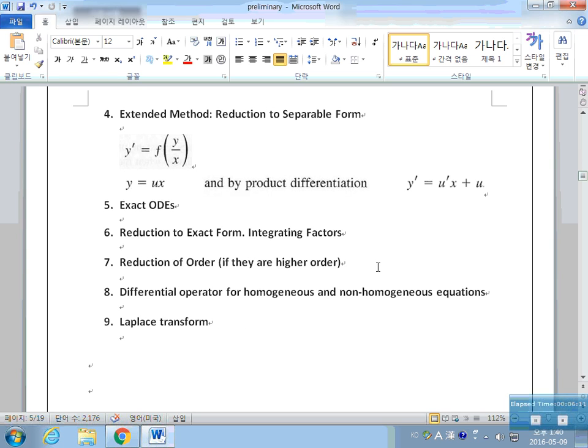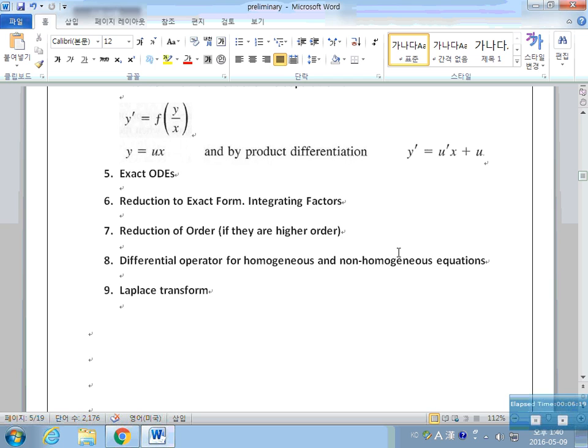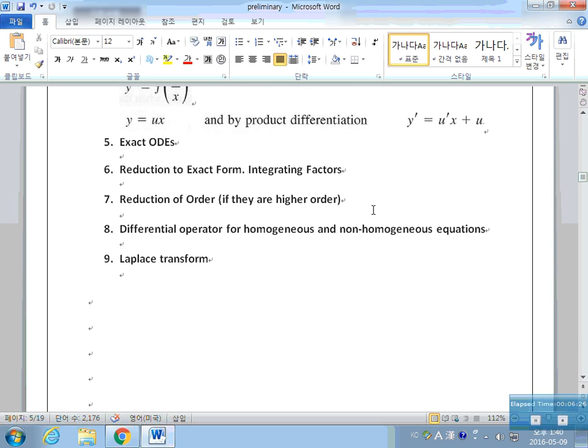There are different methods to check the exactness. If it is not exact, we use the integrating factor to make it exact and then solve it. And there is also another way of solving ordinary differential equations. If I have a second order equation, I reduce it to a first order differential equation and then solve it using the integration method or any method which I discussed above.